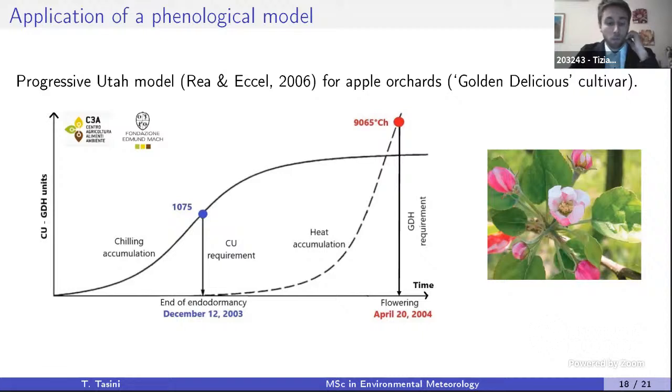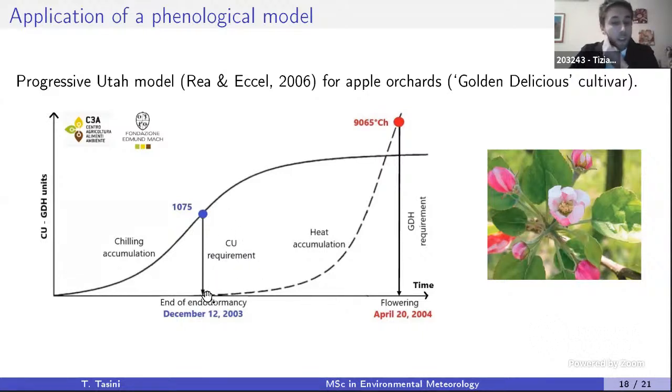hourly air temperature. So looking at the graphs, the bud development is divided into two stages. The chilling accumulation along the solid line during fall, satisfied on December 12, 2003, satisfying the chilling units requirement.